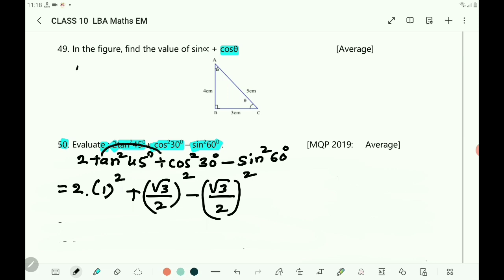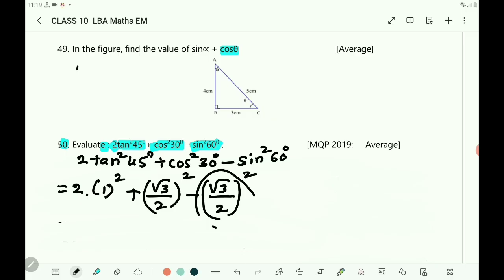You must know the values of tan 45, cos 30 and sin 60. Tan 45 is 1. Cos 30 and sin 60 are the same, root 3 by 2. Therefore cos square 30 and sin square 60 are each root 3 by 2 whole square.